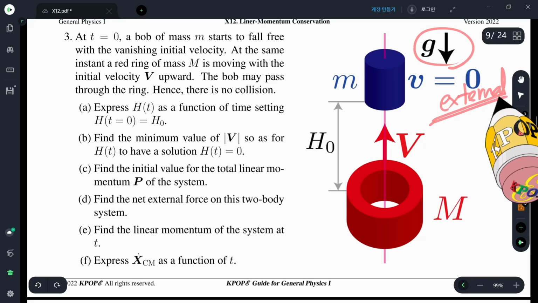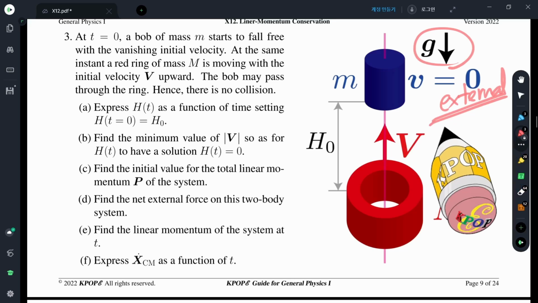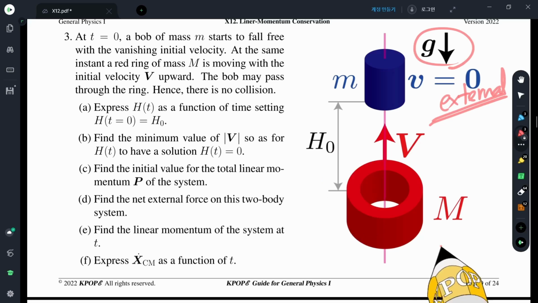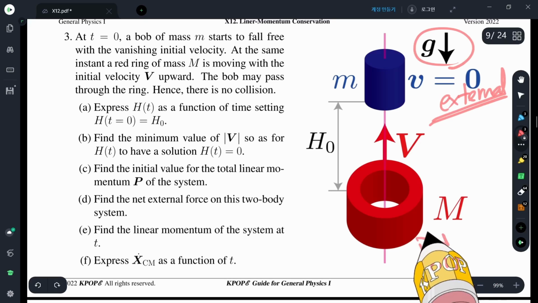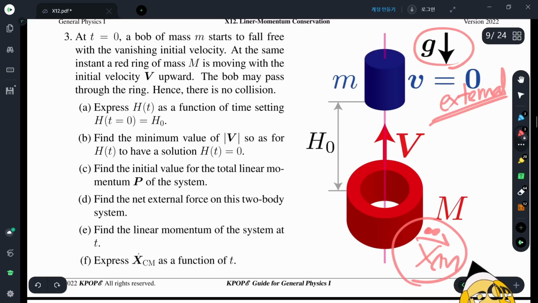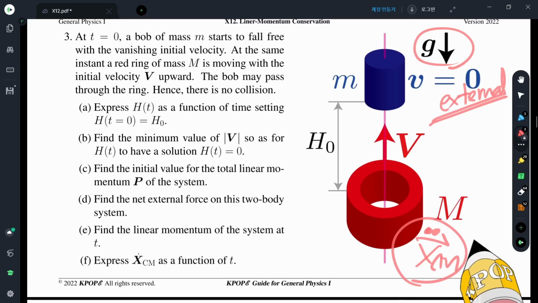So, what is the net external force? That's an important problem. The net external force applies to the system, and the system accelerates, and the center of mass has a certain non-vanishing acceleration. That's the key point of this problem.